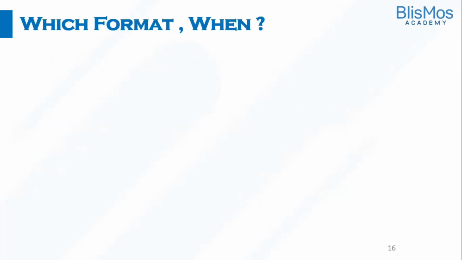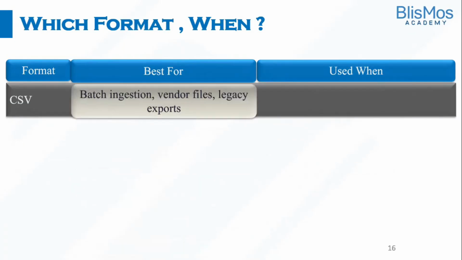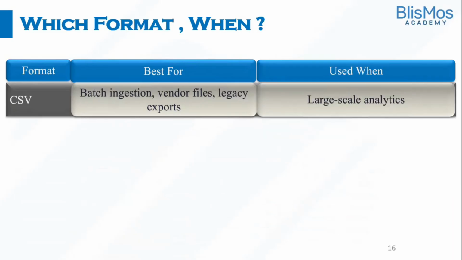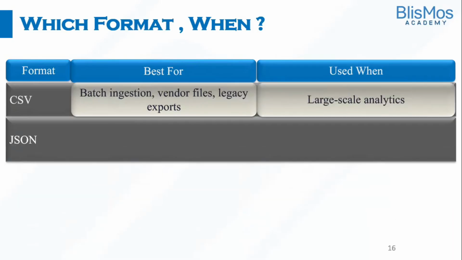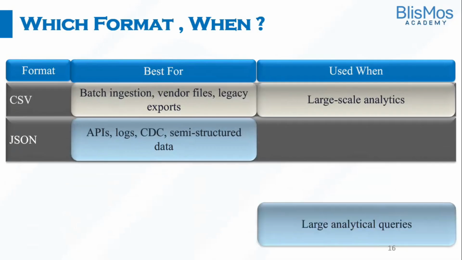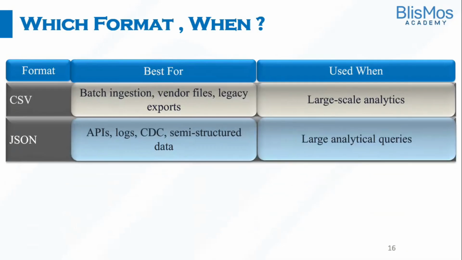So finally, let's see which format should be used when, as a conclusion. If you're receiving multiple simple files from vendors or legacy systems, CSV is the best choice. If you are working with APIs, application logs, or semi-structured events, then JSON is a strong choice.